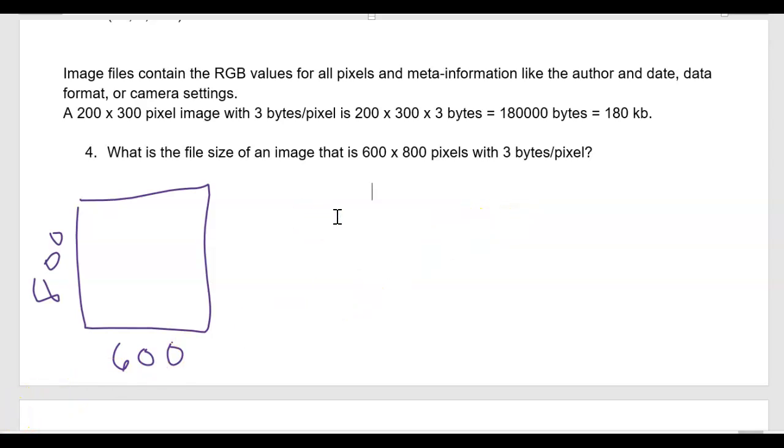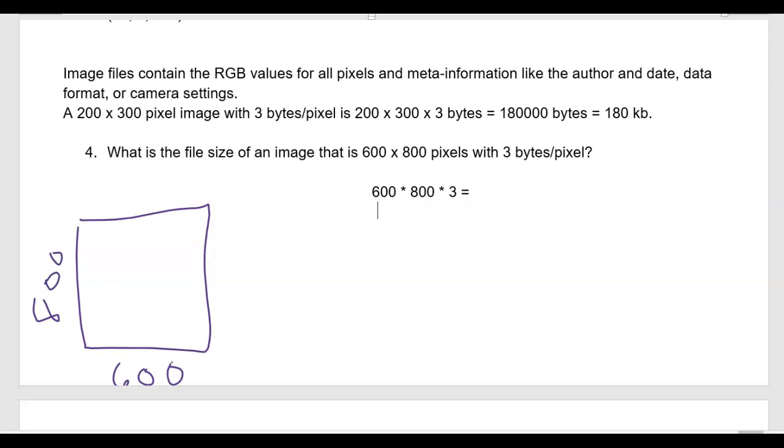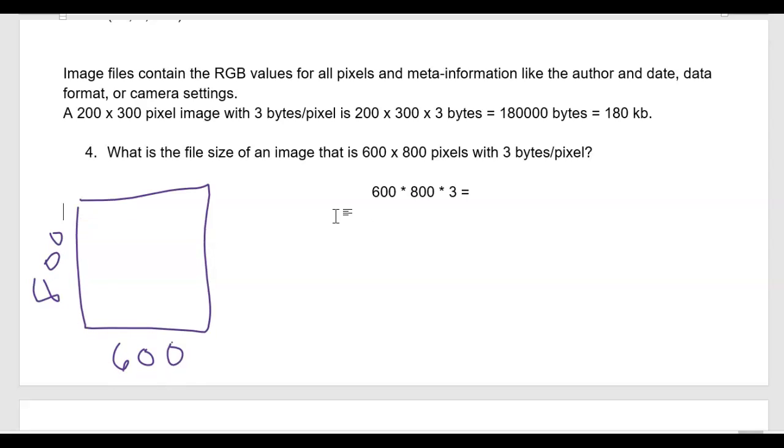And so the answer here would be 600 times 800 times 3, which is 1,440,000 bytes.